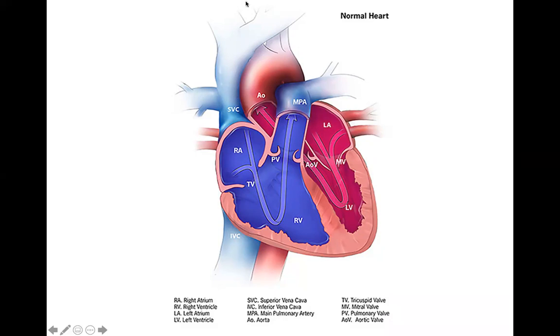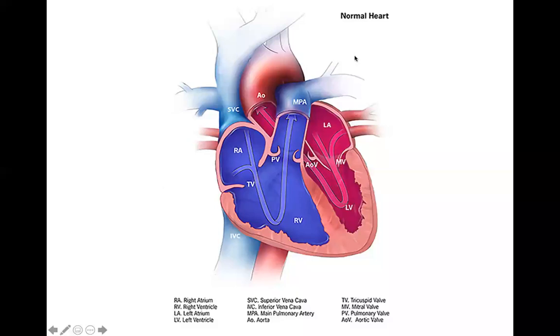The blood coming from the upper part of the body goes here, and the blood coming from the lower body parts will go to your inferior vena cava. They will converge and they will throw blood to your right atrium. So makita natin pag blue, this is the oxygenated blood.